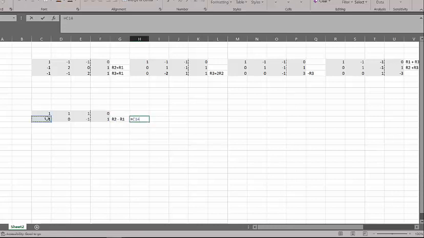So again, row 2 minus row 1. Getting us that right there. Okay, looks like I mistyped right here. This should be a negative 1. There we go.